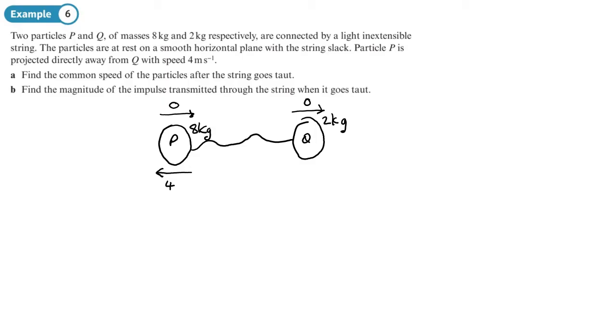Now, this is slightly different to before. When the string goes taut, basically what you've got is a particle, a piece of string, a particle like that. Because they're traveling in the same direction at the same speed, we can clump them together and treat them as a single particle.